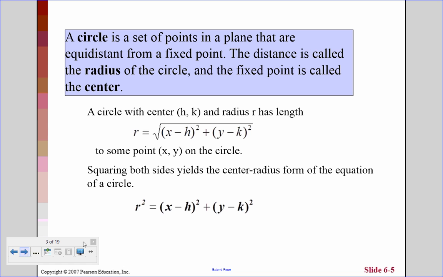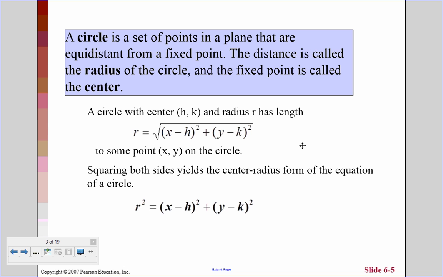And to find that radius, this equation here comes from the Pythagorean theorem. h and k, we use those at random, are where the center of the circle is. So if the center is at the origin, this just becomes x squared plus y squared, because h and k are 0.